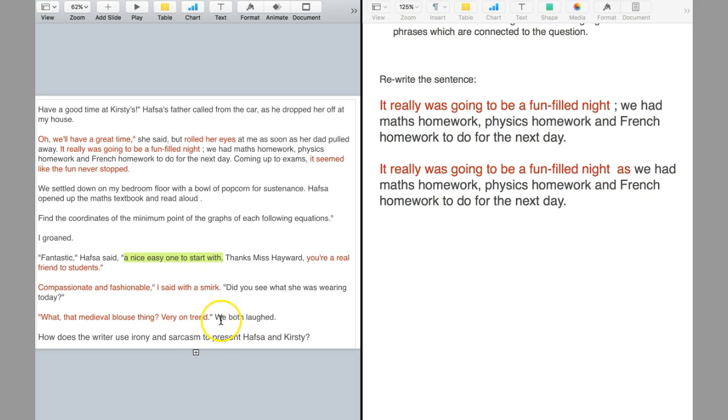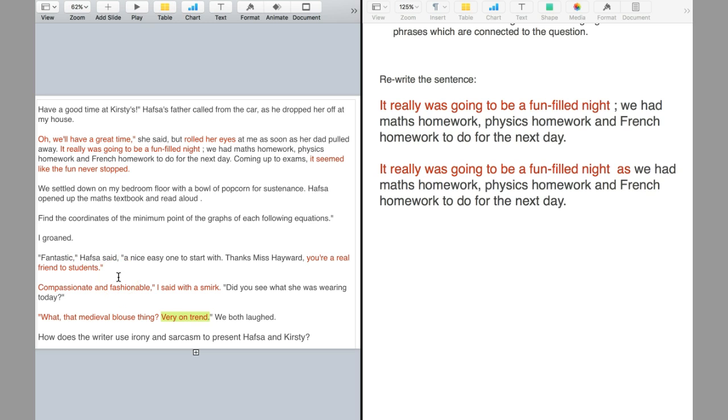We know they laughed, and the way everything was said, it is sarcasm. The irony here is they say it in a positive way to give a negative meaning. "Very on trend", "nice easy one to start with" and "fantastic" are all positive but give negative meaning.